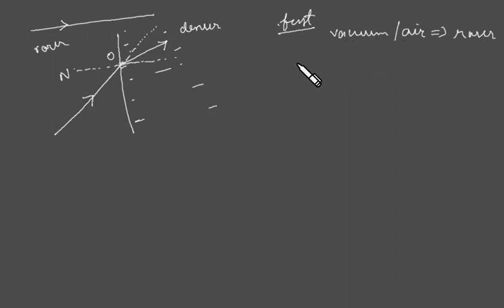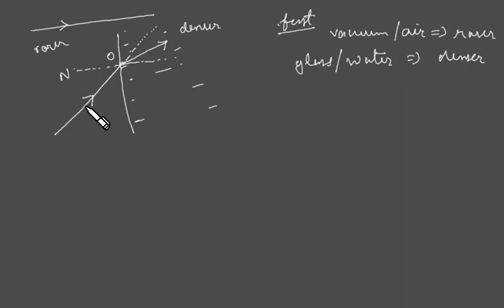And let's say glass or water, these are actually denser than the air and vacuum. So we can consider glass and water as the denser optical medium compared to the vacuum and air.